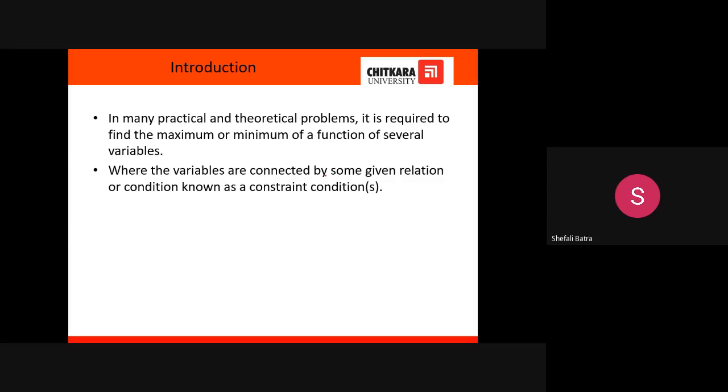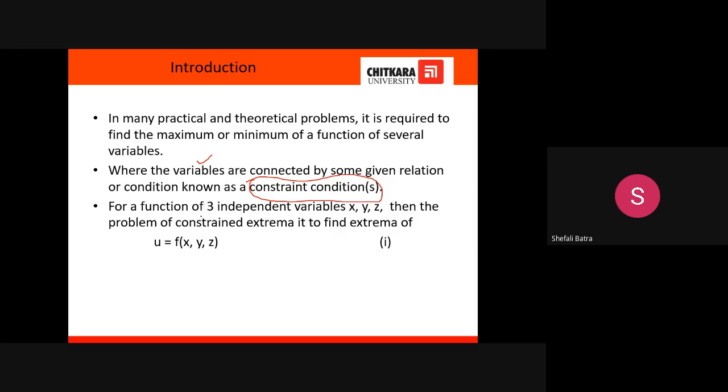Here the variables are connected by some given relation or condition. It is possible when some constraint or condition is given between those variables. For example, for a function of three independent variables x, y, z, the problem of constrained extrema is to find the extrema of this.